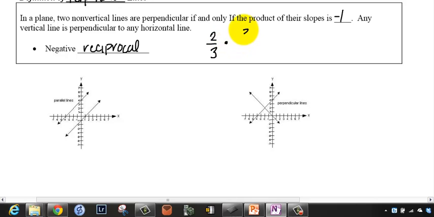So the perpendicular slope of it would be, ready? Flip it. That's the reciprocal part. So I'm going to flip it. And then it says make it negative. So there's a negative. And then this right here says the product of those. So that's where this multiplication sign comes from.